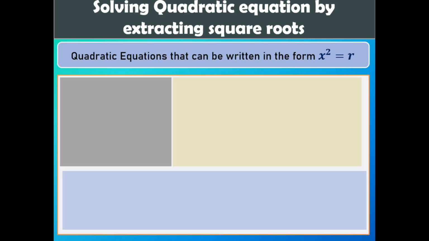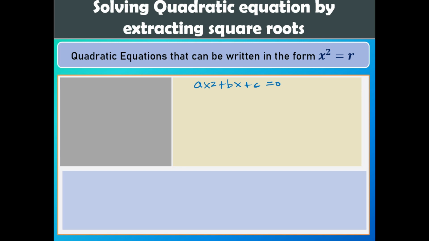Okay. Solving quadratic equations by extracting square roots. Quadratic equation that can be written in the form x squared equals r. So, in our previous topic about illustration of quadratic equation, yung quadratic equation is of the form ax squared plus bx plus c equals 0.